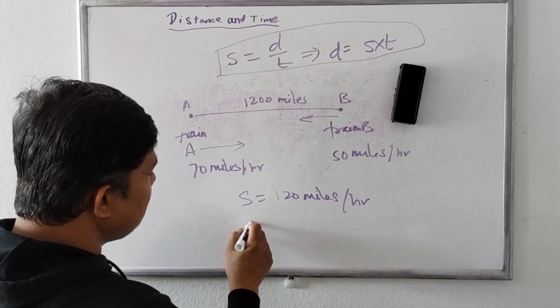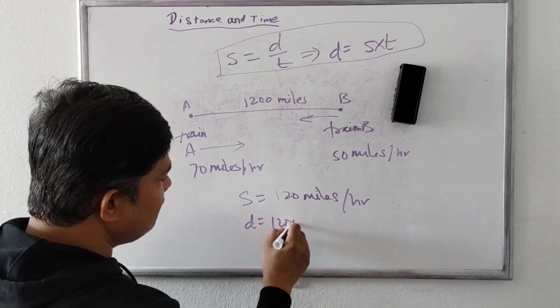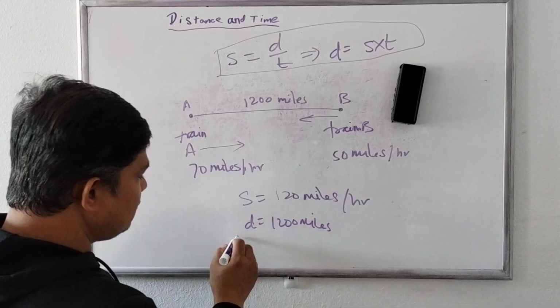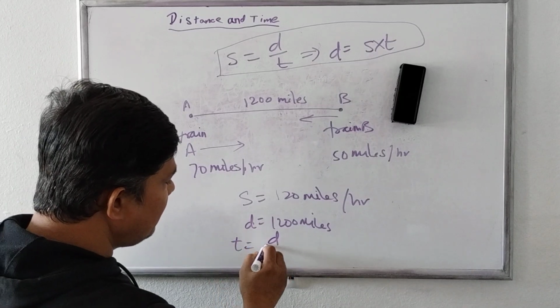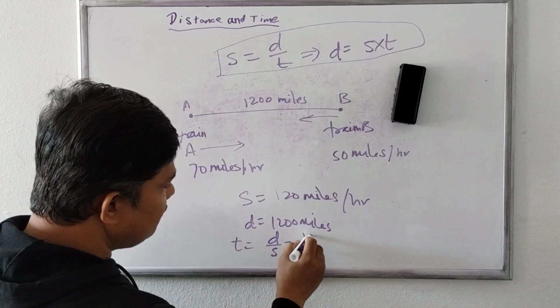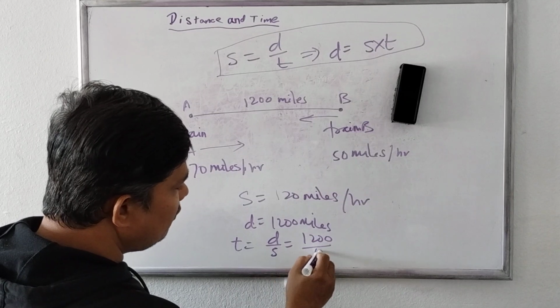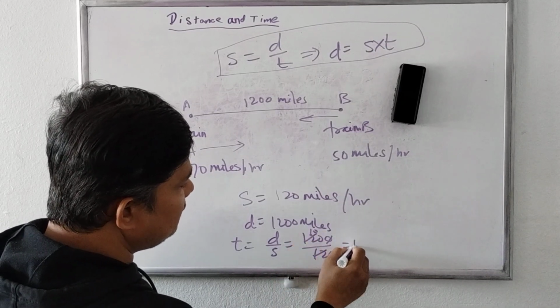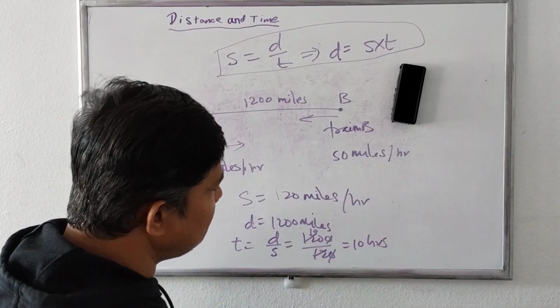And what is the distance here? D is 1200 miles. So after how many hours will they meet? T will be D divided by S. So 1200 divided by 120. So after 10 hours, these two trains will meet.